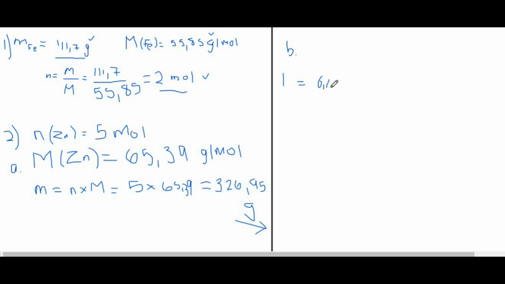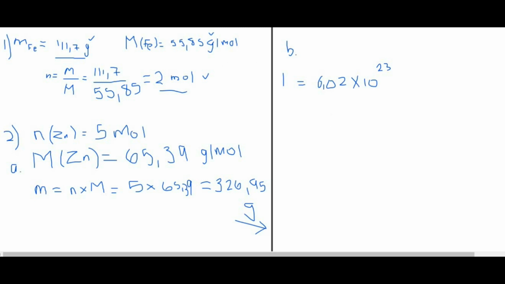6.02. So always check the value that is given, whether it is 6.02 or 6.03, at the back of your question paper, and write that there. It depends on the number of decimal places. So you know that one mole of zinc equals 6.02 multiplied by 10 to the power of 23 zinc atoms.